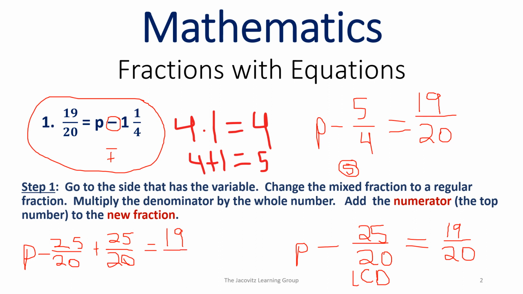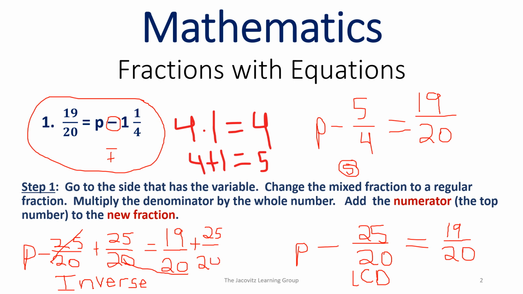And be very careful which one you're going to take over, because your inclination is to take over your negative 25 over 20, but that's not the inverse. The inverse is positive 25 over 20. So even though these cancel each other out, you're going to take this to this side, the positive. And so you get positive 25 over 20.